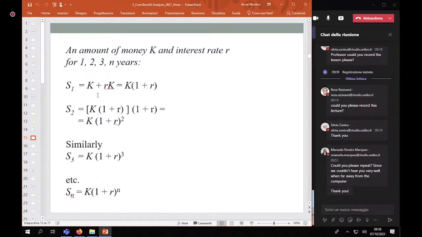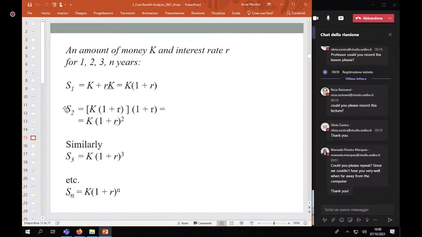Okay? If you want to invest your amount of money for 2 years, then you have to consider the amount of money at the end of the first year times the same factor 1 plus R, and you will obtain this formula.